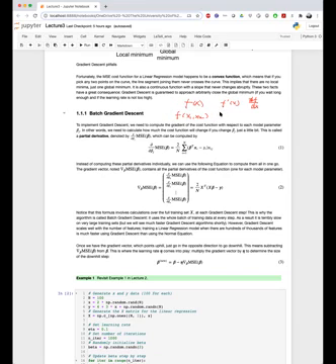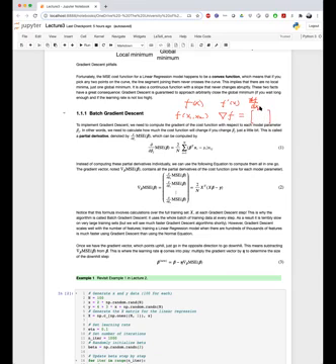We denote this by nabla, and it means gradient. The gradient of f is equal to a vector.